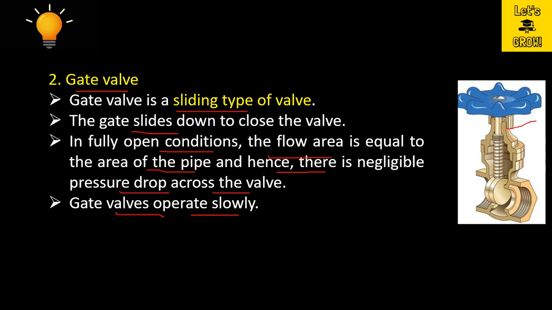When you rotate this knob, what will happen? This barrier which you can see here is a circular gate. This circular gate will move in the upward direction.